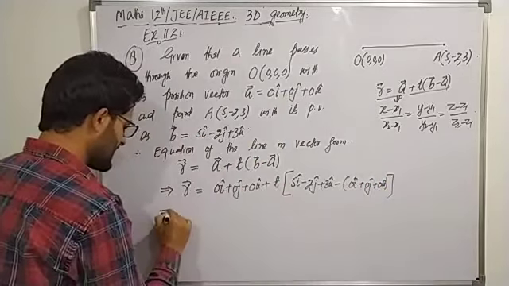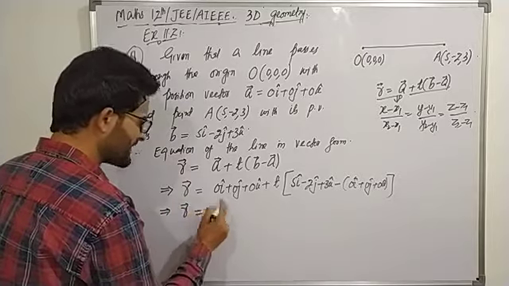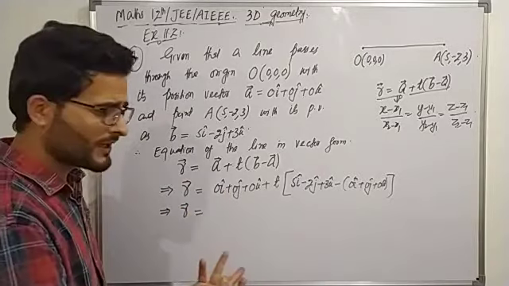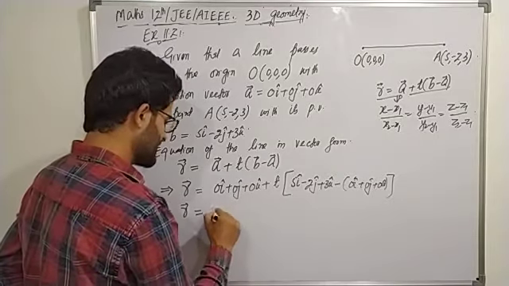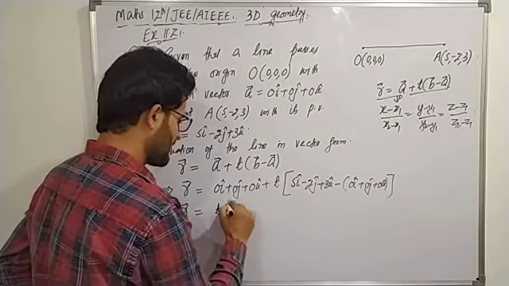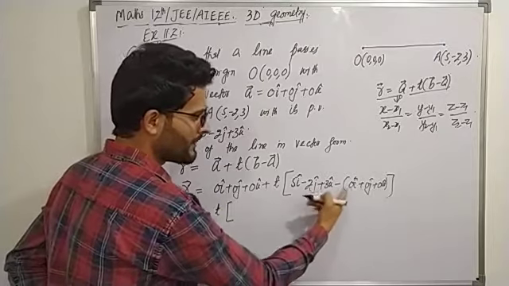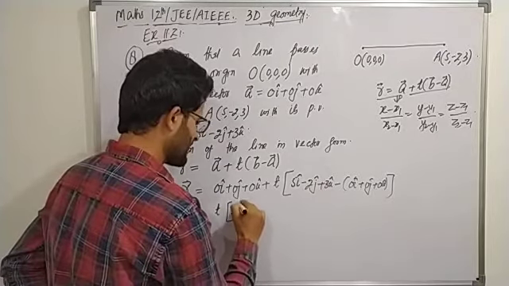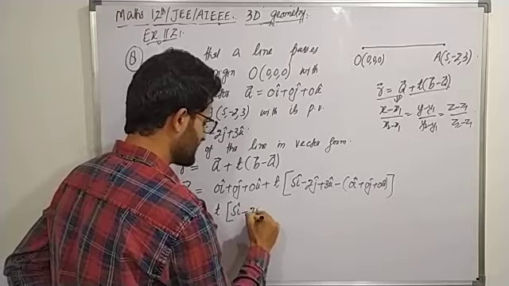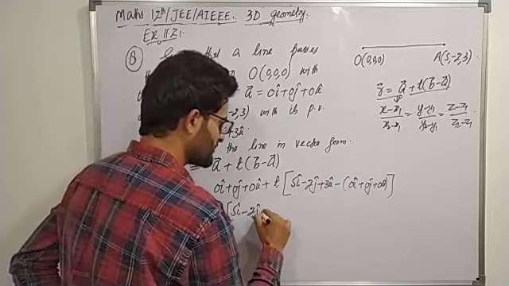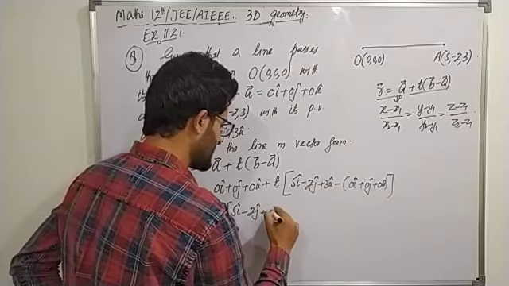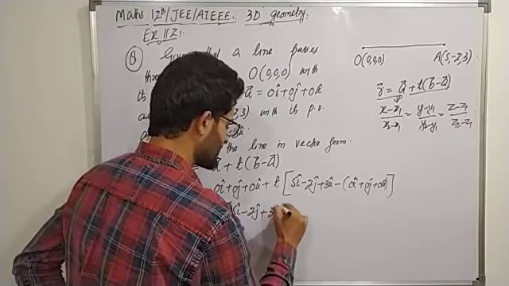So implies r vector is then equal to 0i plus 0j plus 0k, that is 0. लिखने से कुछ नहीं होगा, सीधे आएगा. Yes, t times 5i minus 0i, फिर से 5i minus 2j, because minus 2j minus 0j is minus 2j, so plus 3k minus 0k, that's again plus 3k.